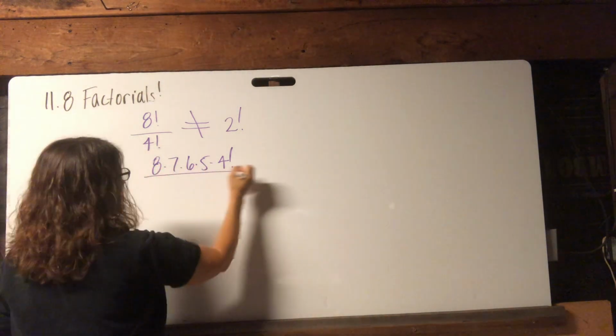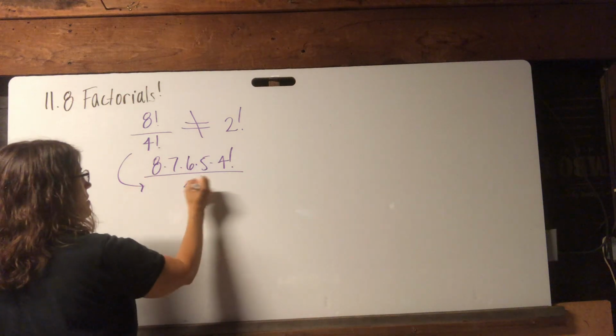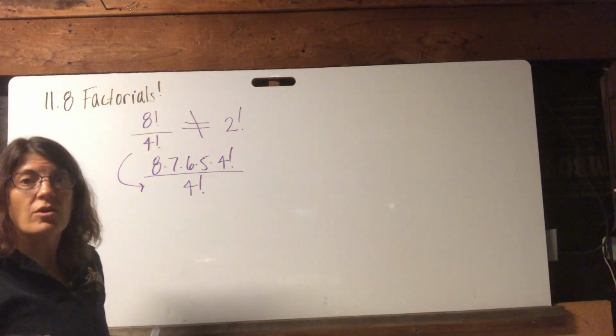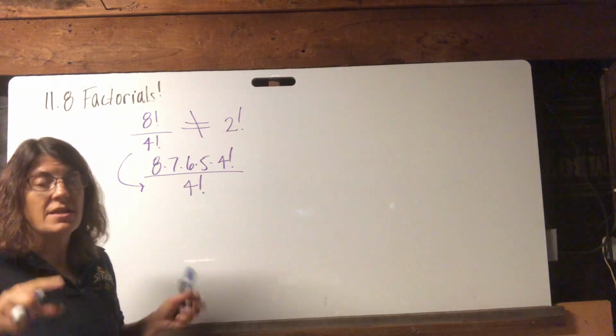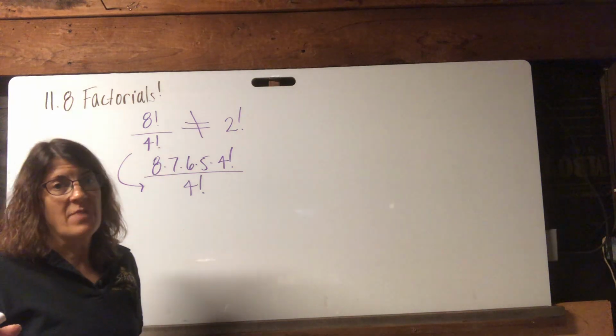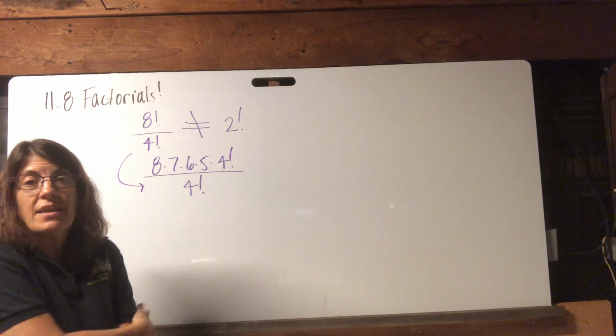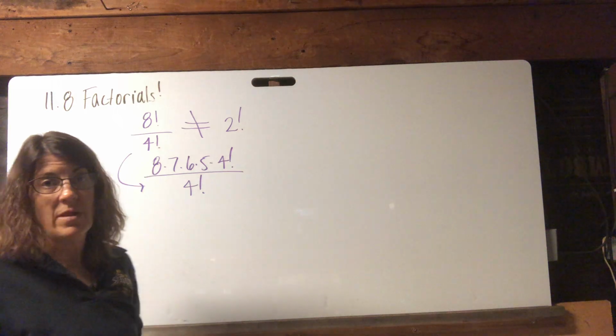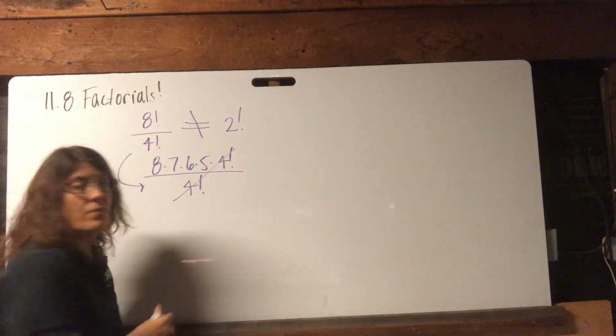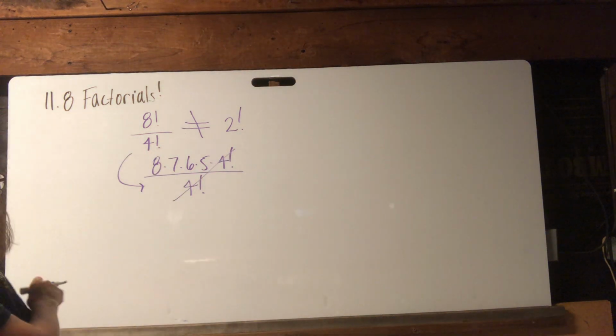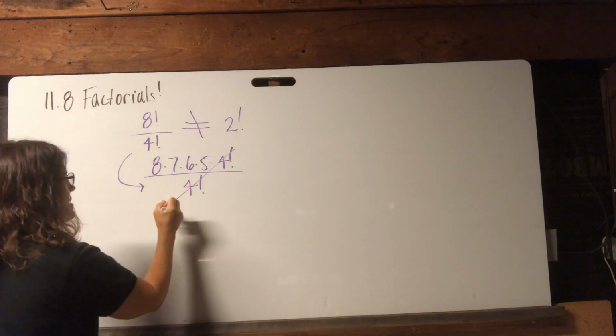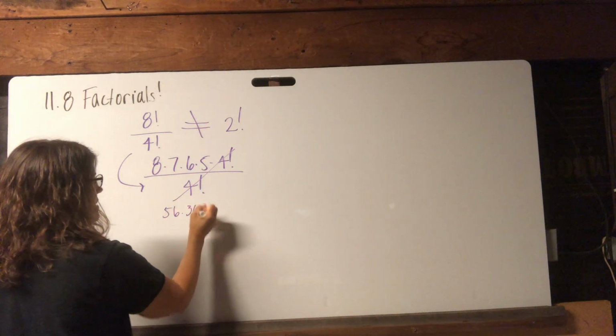4 factorial over 4 factorial is okay. Anything divided by itself is 1, except for 0, and that's a whole other story that you'll talk about in calculus. Now you can reduce. So you get 56 times 30.